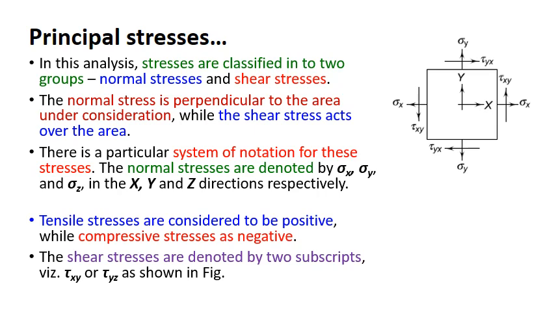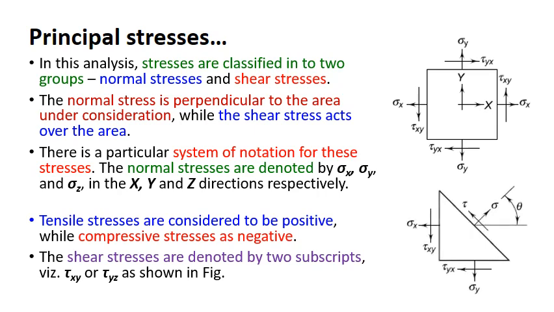Y indicates the direction along which the shear is acting. You can see this in the figure, tau xy is acting in the upward direction in a plane normal to x, right? And likewise, tau yx is the shear stress on a plane normal to the y direction and acting along the x direction. Okay, so this is the notation we use to specify the stresses.